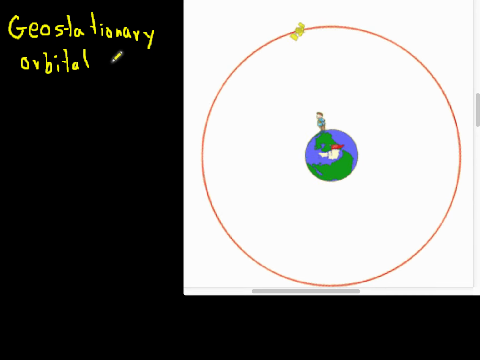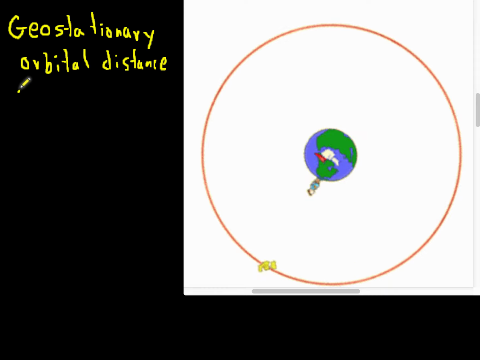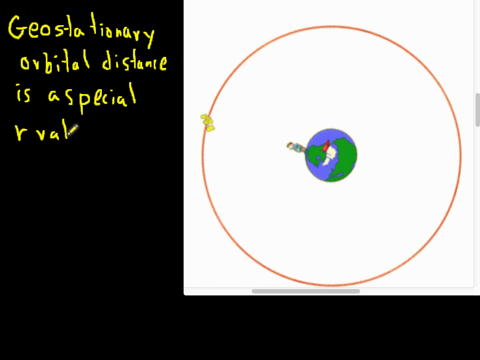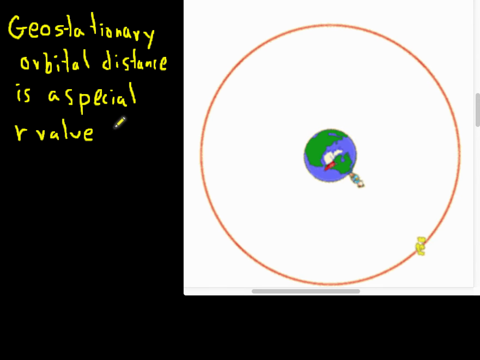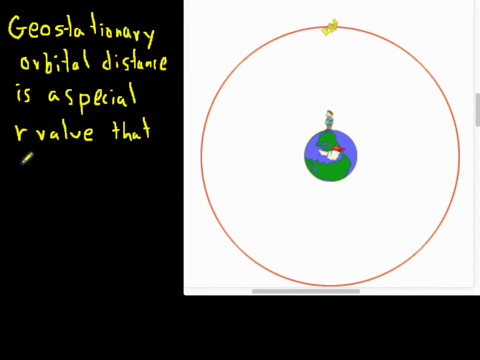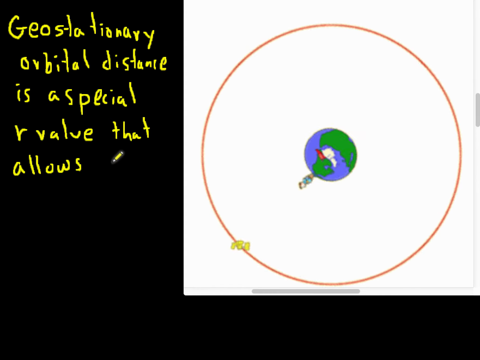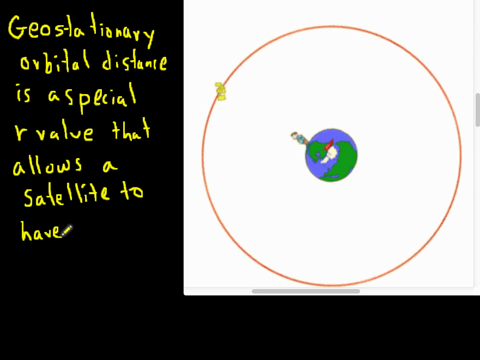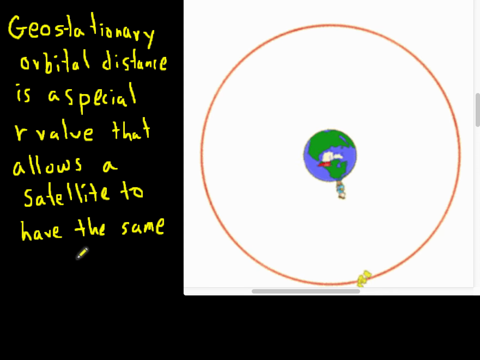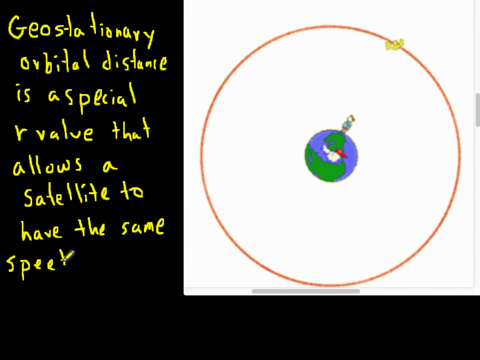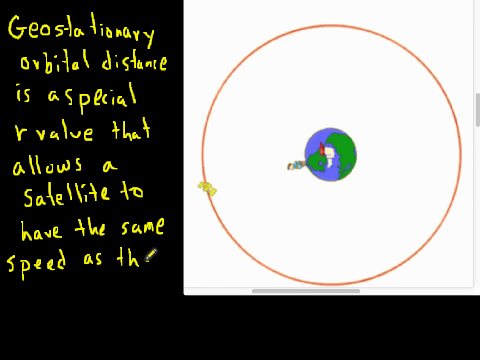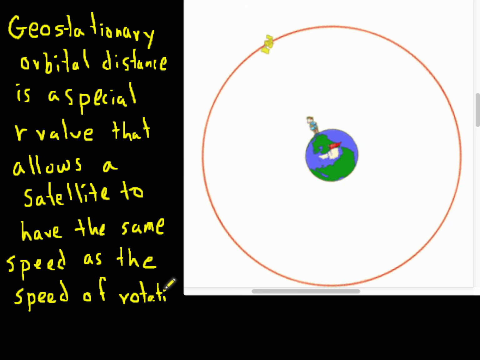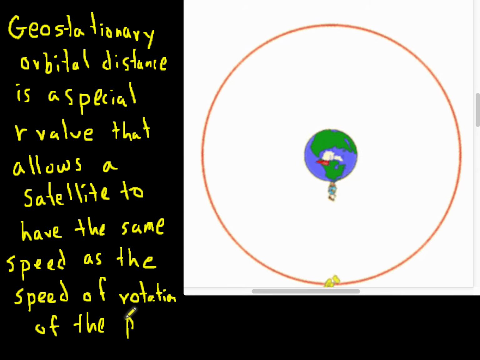This is called geostationary orbit. Geostationary orbital distance is a special r value for a satellite. This r value allows the satellite to have the same period as the object it's orbiting, or as the planet or sun as it rotates.